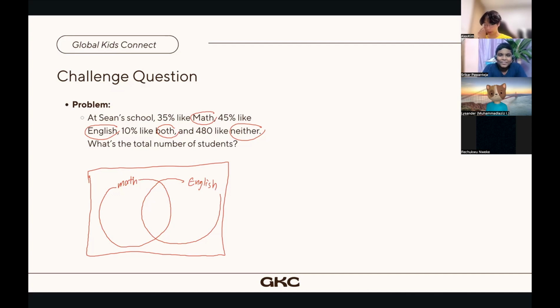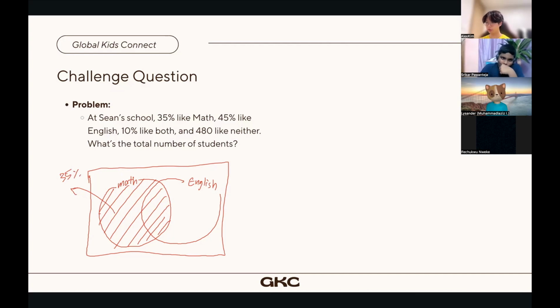Then we can say that the first number we are given is 35% of students like math. And so we can say that this first circle represents 35%.